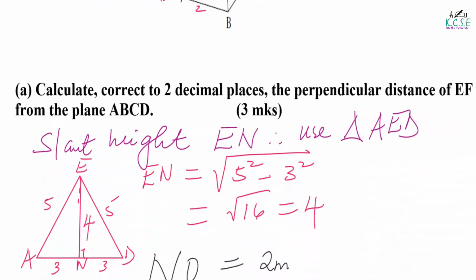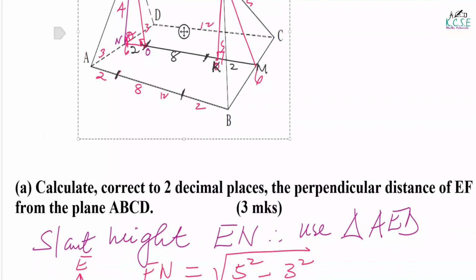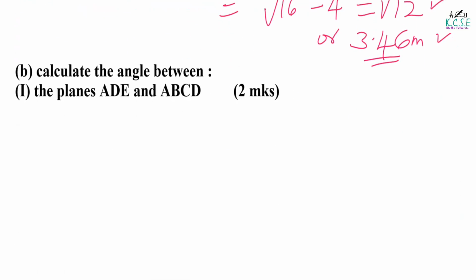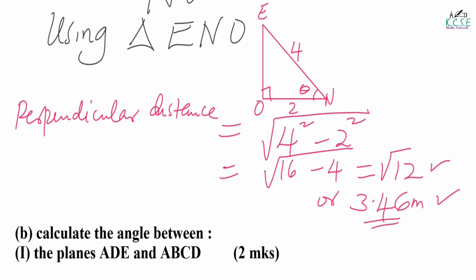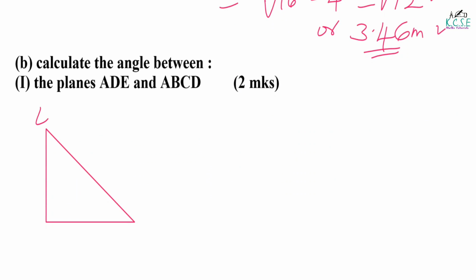So, just looking at the extraction that we've done, the angle at N is the angle that we need to get. So we just need to take that triangle and calculate. That will be very easy. So we just need to copy this. This is EON. So this is the angle that we need to get.